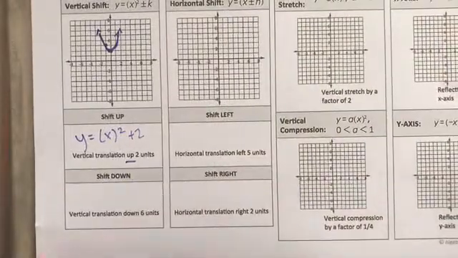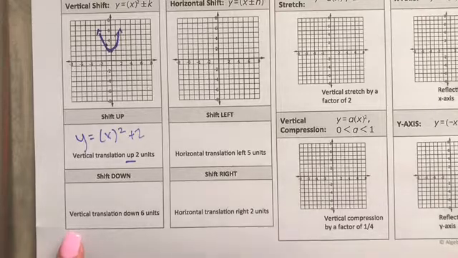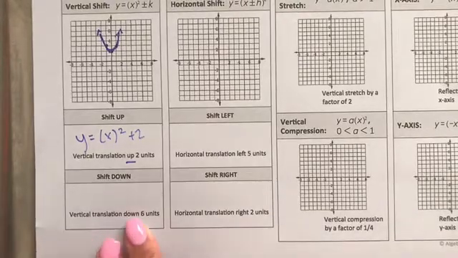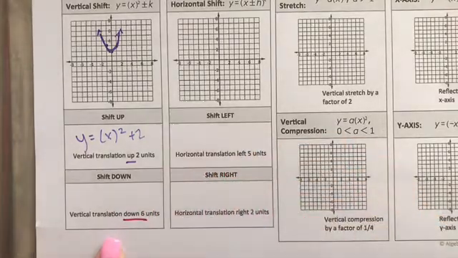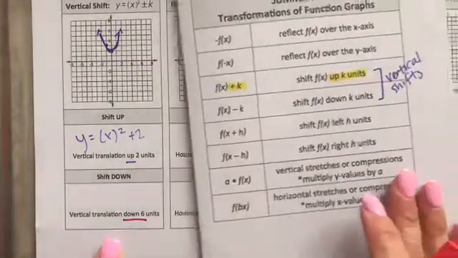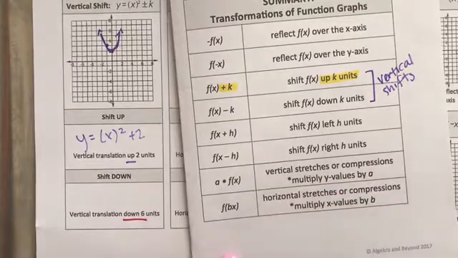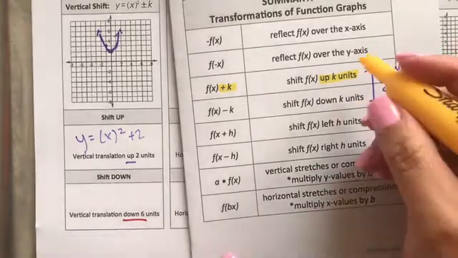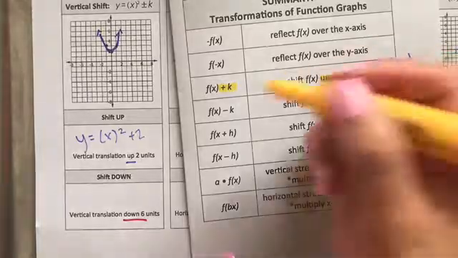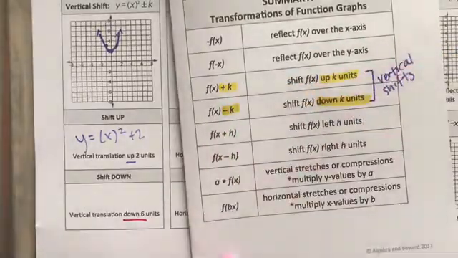Okay, let's go ahead and look at the down shift, or the shift down. It's going to be a vertical translation down 6 units. Use a different color. When we're looking at something going down, I'm going to go down k units, and we're going to be subtracting from the parent function.